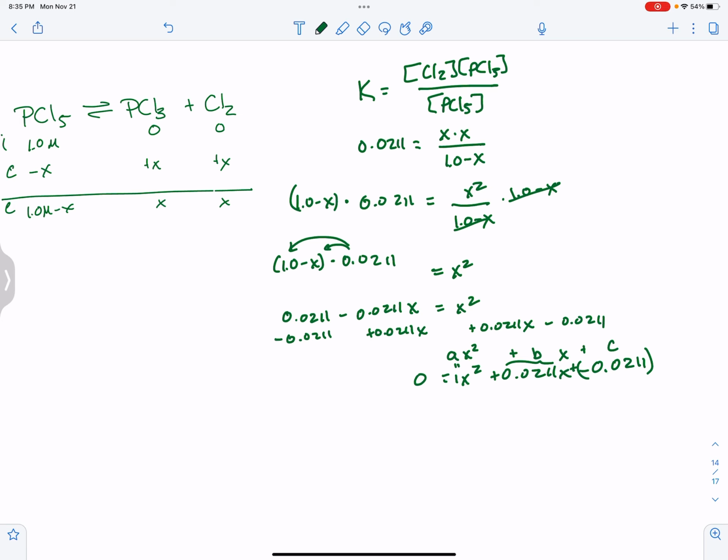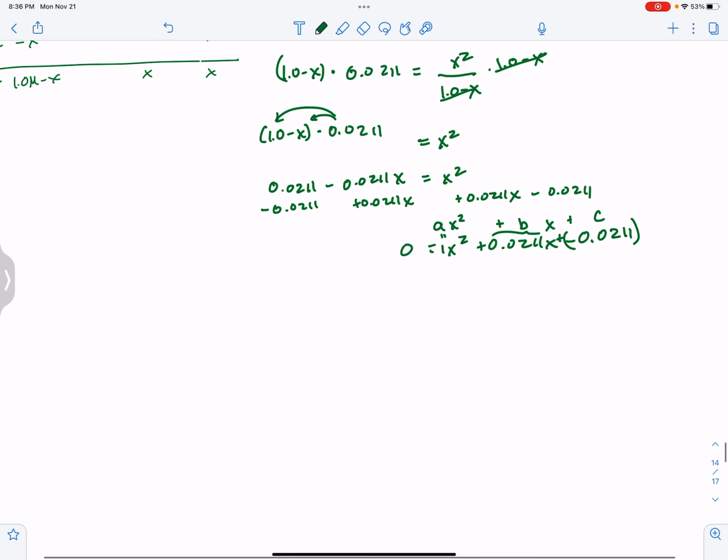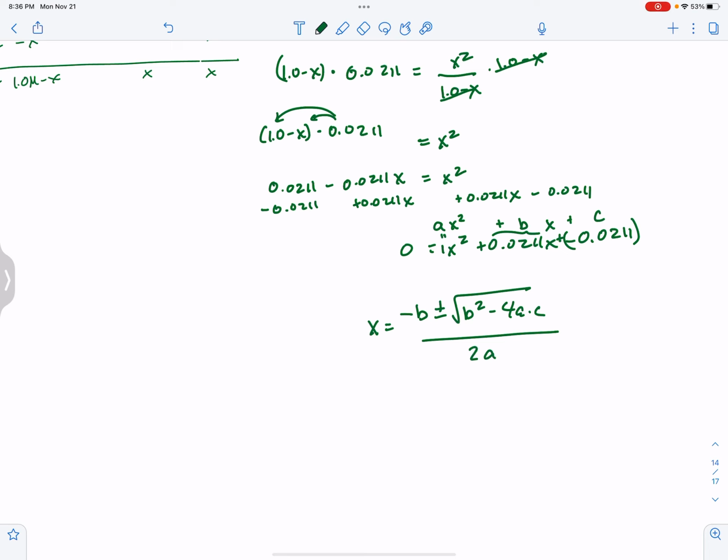But if you're not using a graphing calculator, and this is just to make you aware of what you're going to be doing, x is equal to minus b plus or minus the square root of b squared minus 4 times a times c, over 2a.